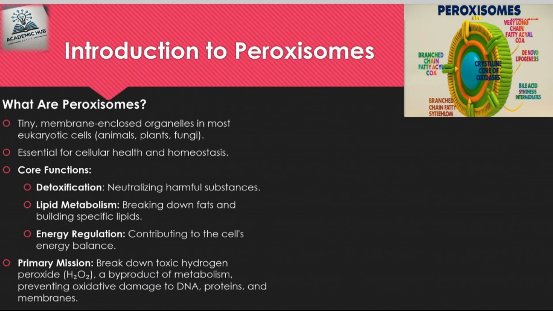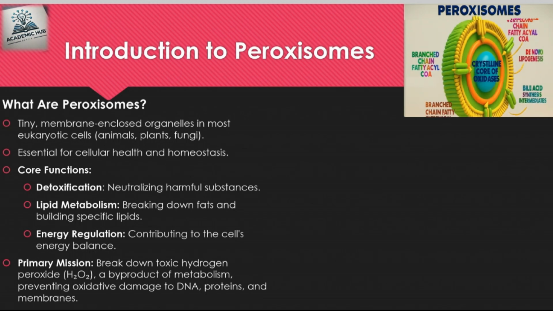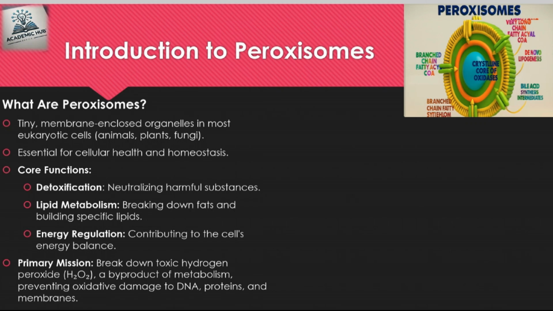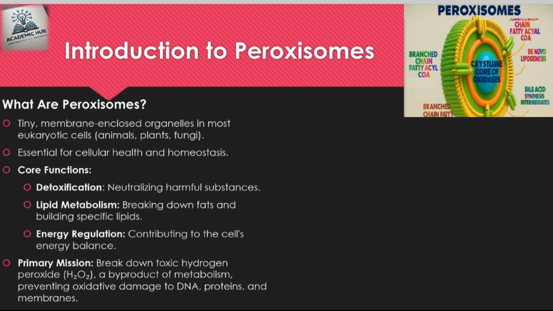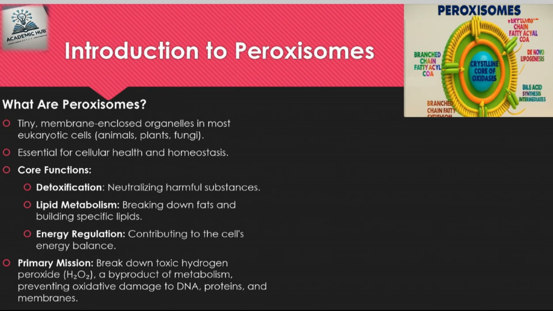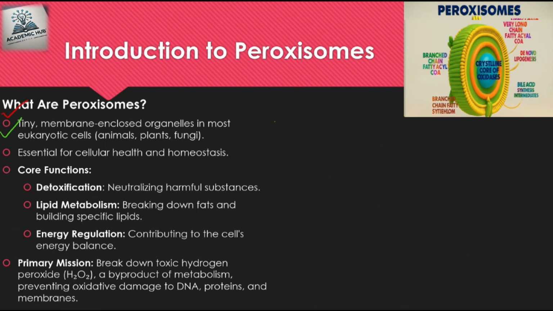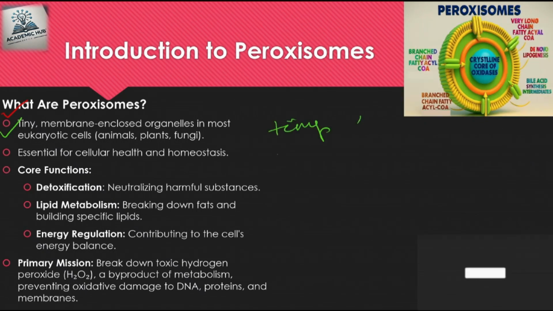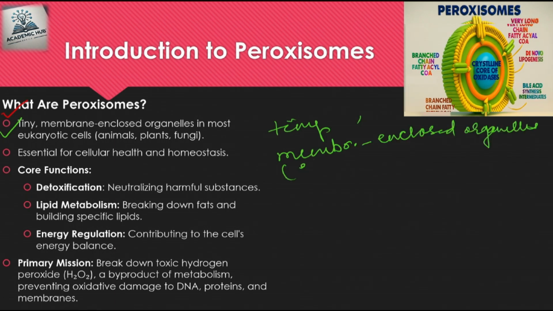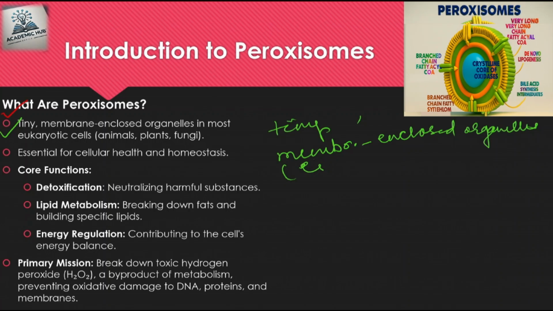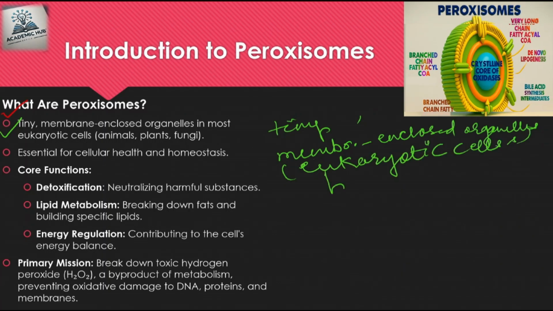Next is the introduction to peroxisomes. In detail, we will know the role of peroxisomes, how they work, where they originate from, and what their specific role in our body is. So, what are peroxisomes? Peroxisomes are tiny membrane enclosed organelles found within the cytoplasm of most eukaryotic cells, including those of animals, plants, and fungi.